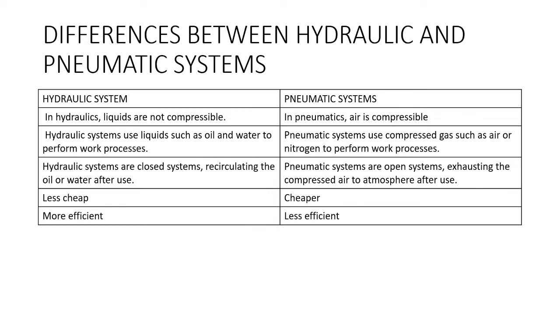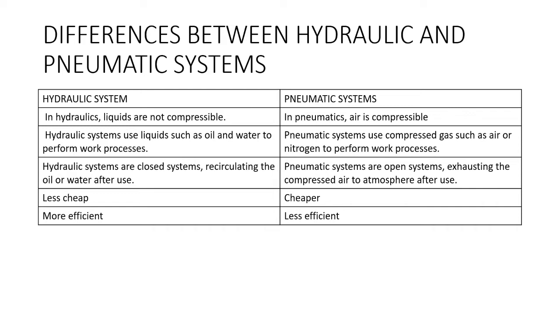So now let's discuss the difference between hydraulic and pneumatic systems. In hydraulics, liquids are not compressible. In pneumatics, as we know, air is compressible. Hydraulic systems use liquids such as oil and water to perform processes.